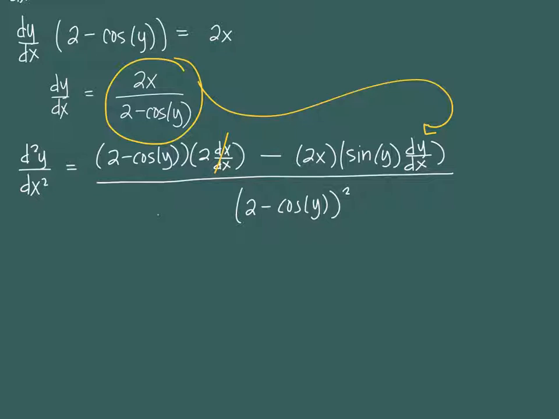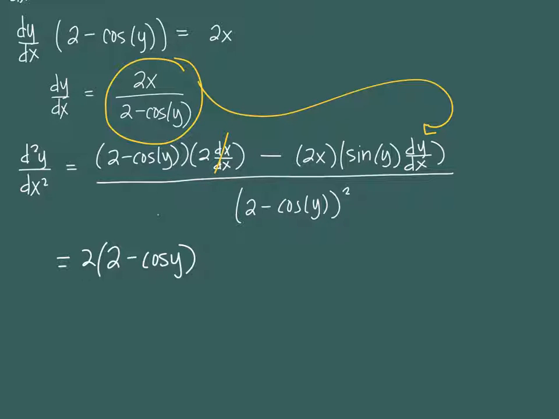Now, it very well could happen that this is going to clean something up for me. Like, you make that substitution and sometimes something really great reduces. So let's see what we get. Okay, we end up with 2 minus cos y.